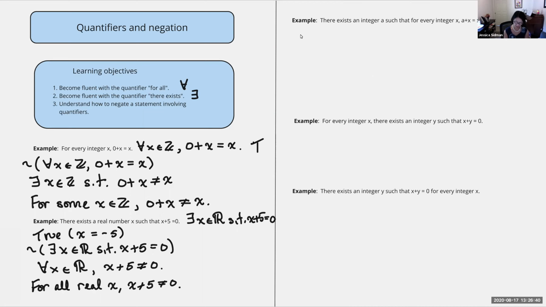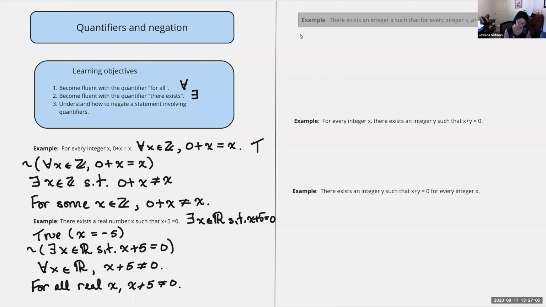So is this true or is this false? Well, it's actually related to the very first example, isn't it? In the very first example, we had 0 plus x is x for all real x. And so the a whose existence we're wondering about in this example is the number 0, right? So this is a true statement.